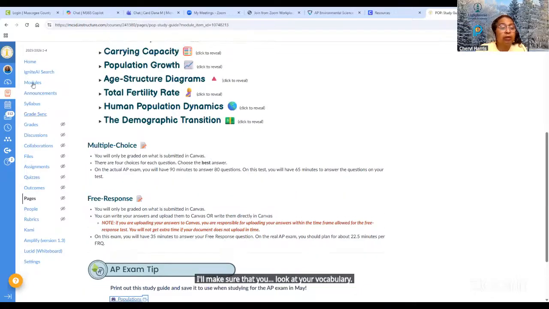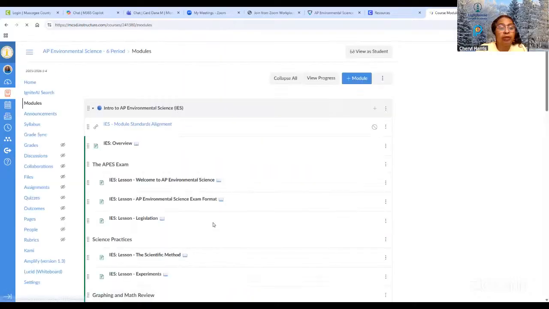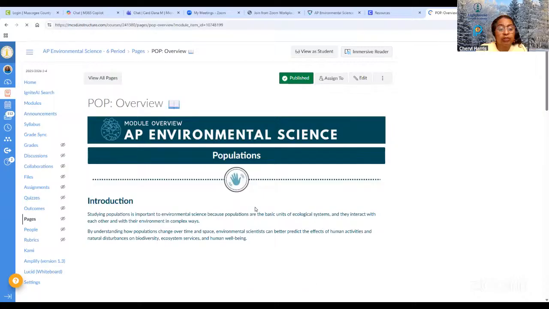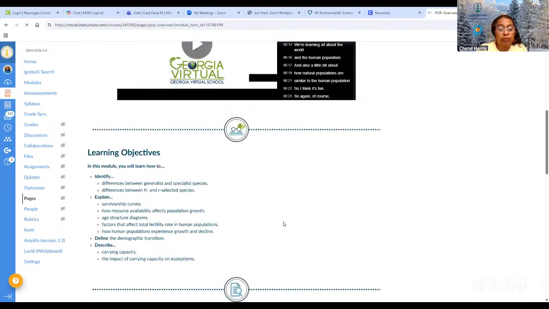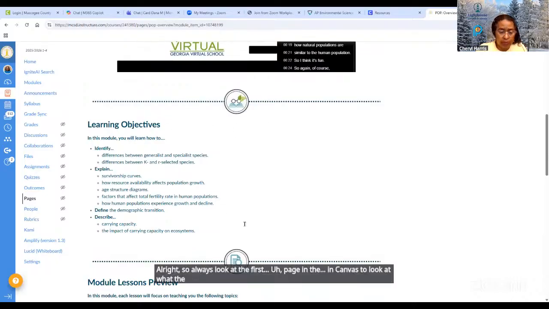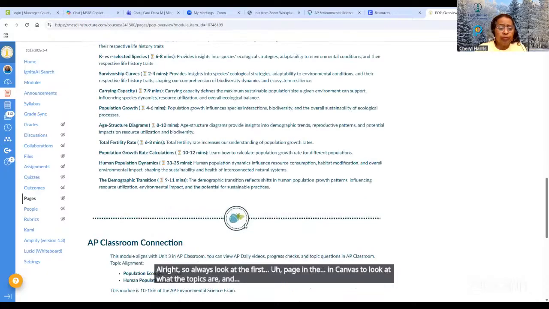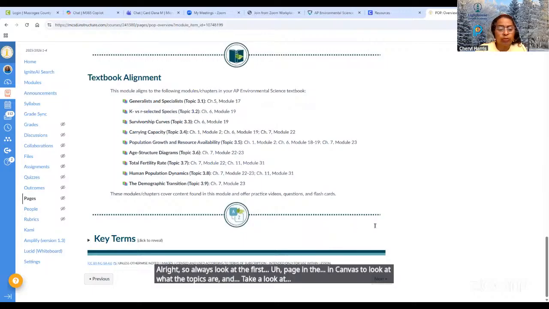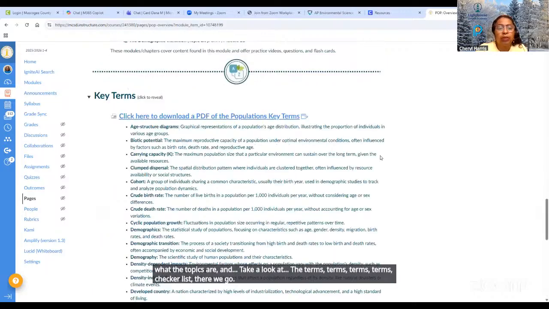Let me go back over here. Population overview. All right, so always look at the first page in Canvas to look at what the topics are and take a look at the terms checklist. There we go. Okay, so you can do it here.